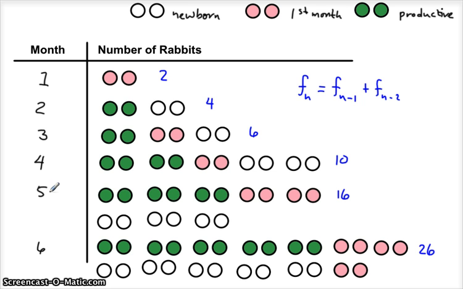N minus 1 or 6 minus 1 would give us 5. And n minus 2 or 6 minus 2 would give us 4. So we'd add up these 2 months to get the next month. So to get, for example, month 7, we look at month 6 and add it to month 5. Or month 8, we look at month 6 and add it to month 7, so on and so forth.